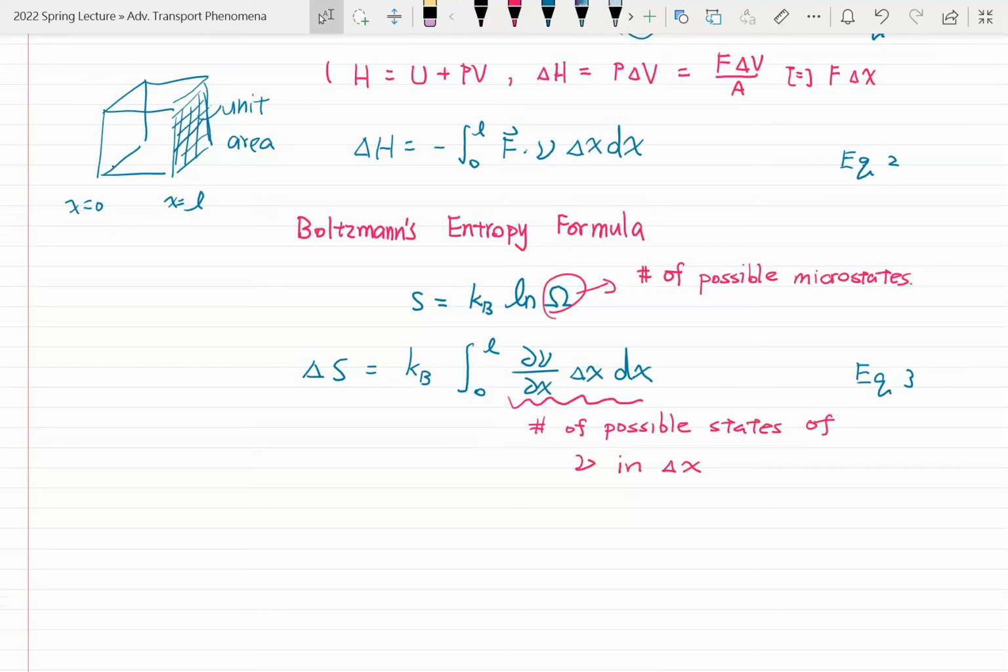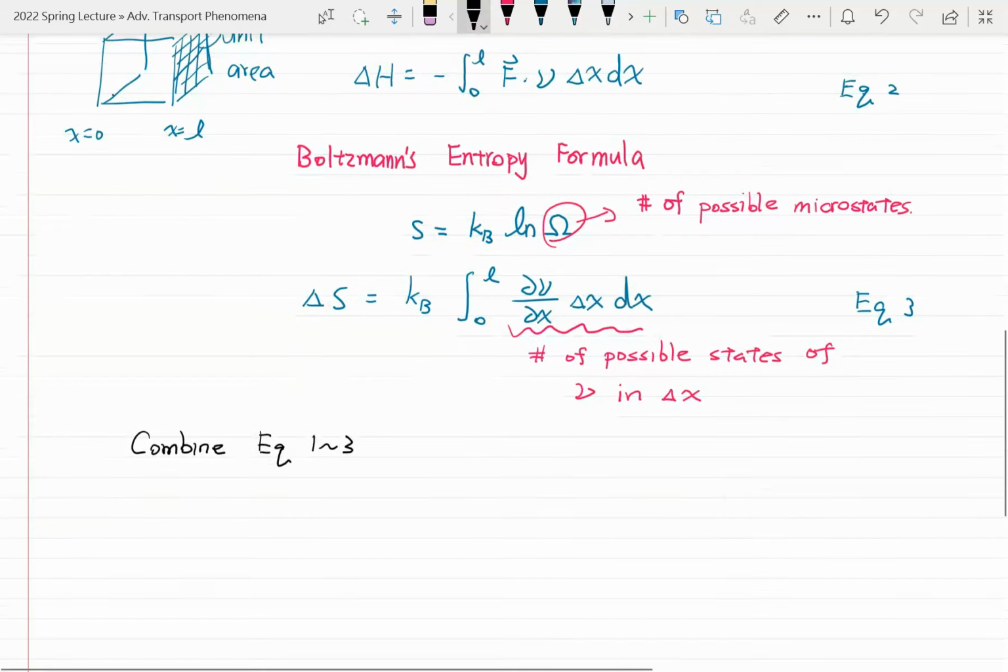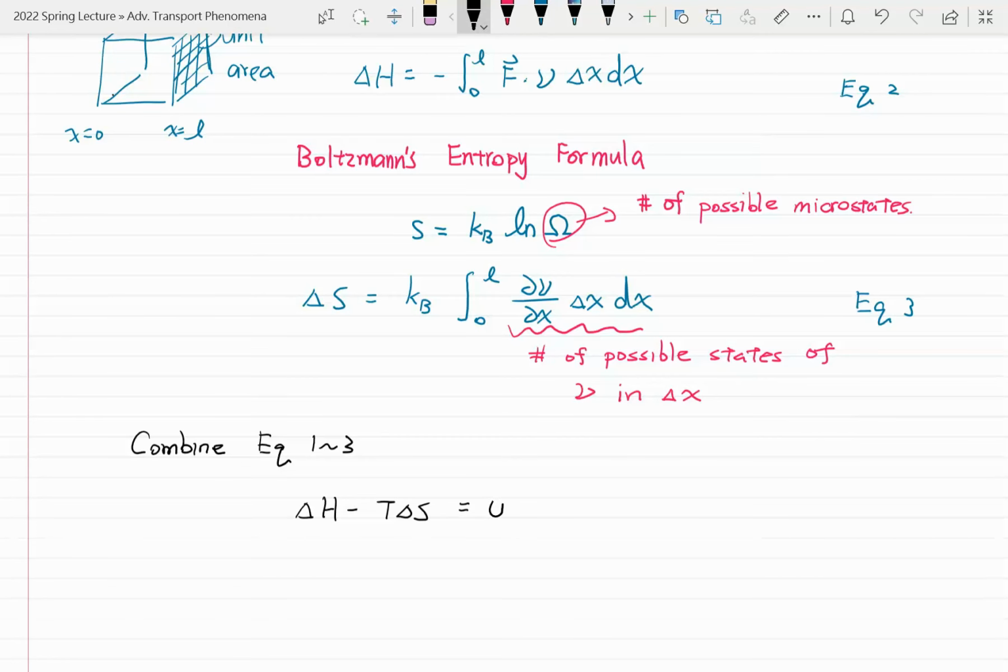So now let's combine equations 1, 2, 3, and we will see the following. We would see that delta H minus T delta S equals 0.